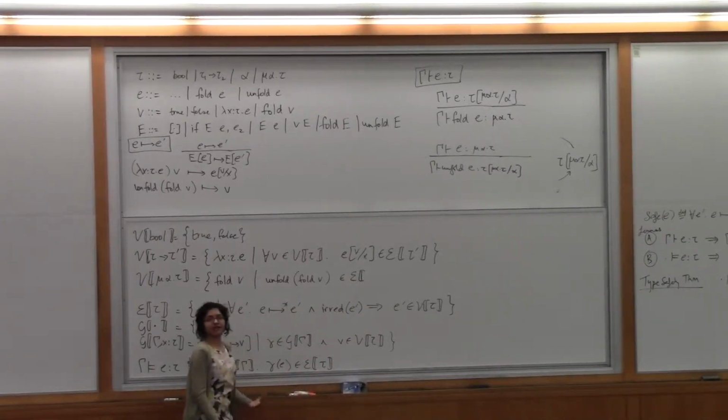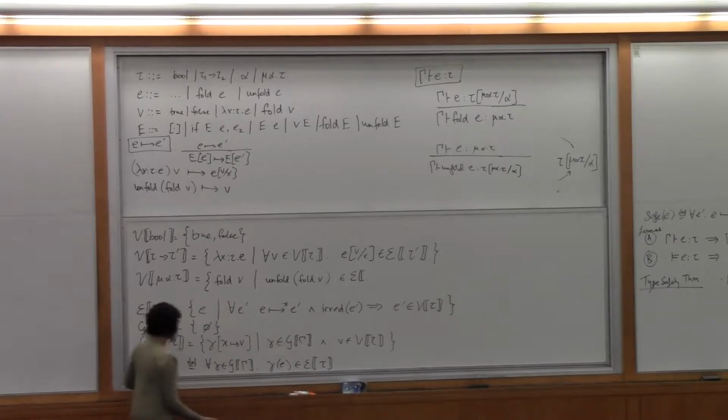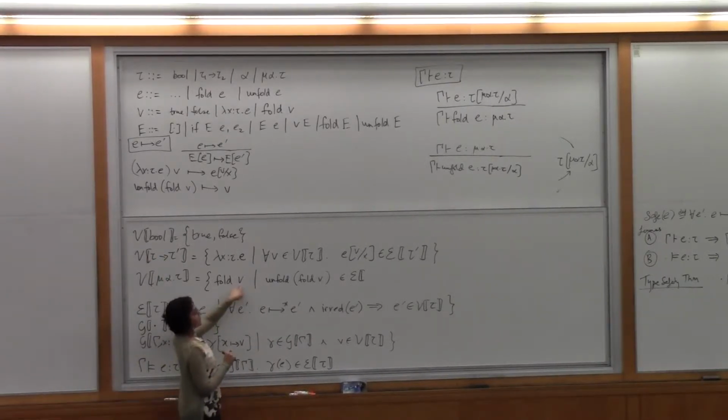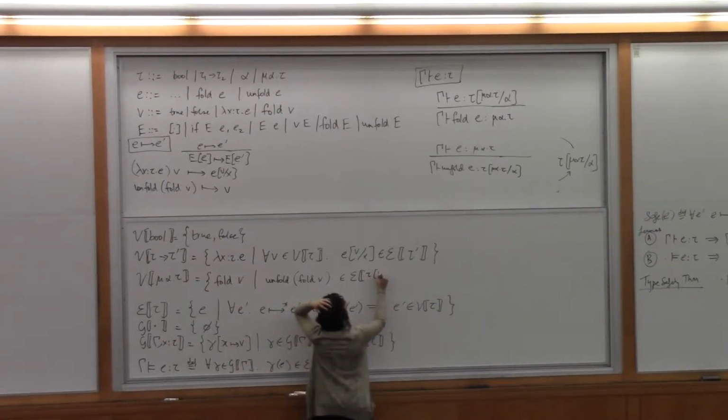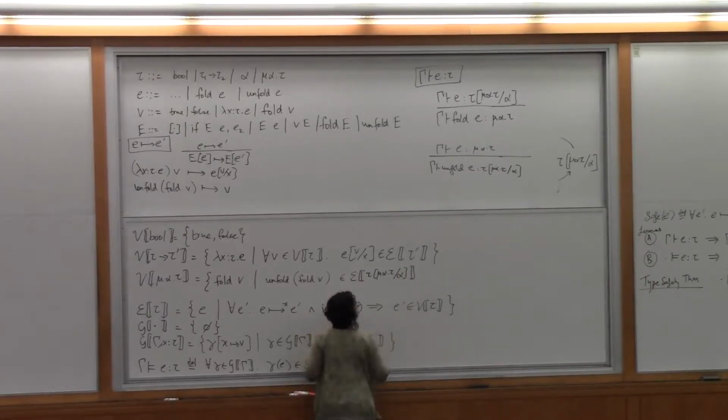In the E relation, at what type? Unfold, fold, steps to, up there, unfold, fold, steps to the V, right? So it would have to be the same type as the underlying V, which is tau with mu alpha tau for alpha. Correct?